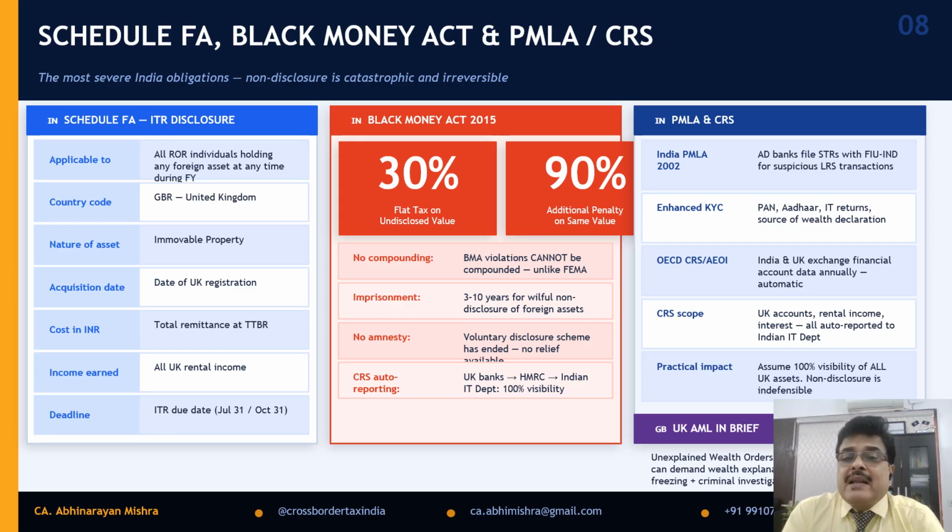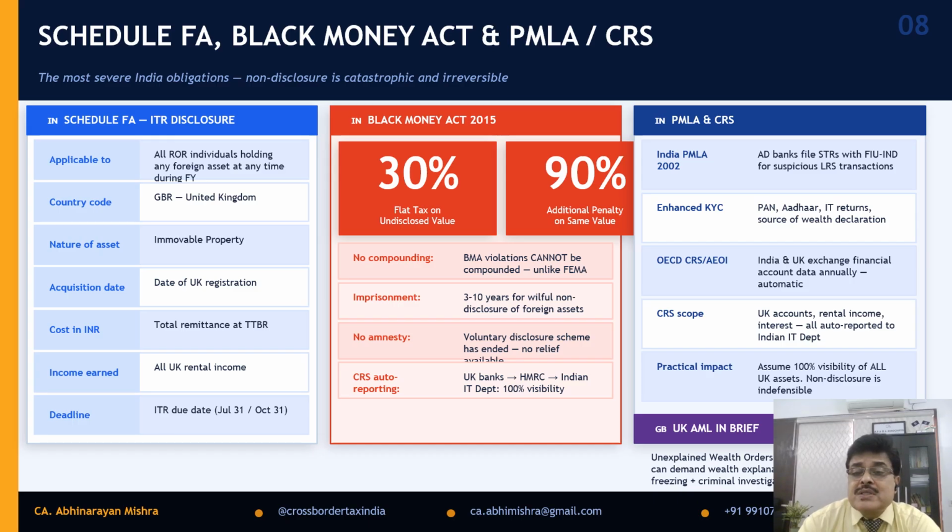Under the PMLA, that is the money laundering law, and CRS also, AD Banks file STR with FIU-IND for suspicious LRS transactions. So they do enhanced KYC, PAN, Aadhaar, IT returns, and source of wealth declaration. India and UK exchange financial account data annually and automatically.